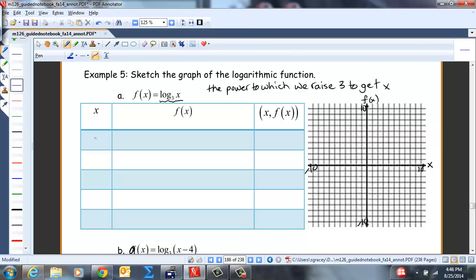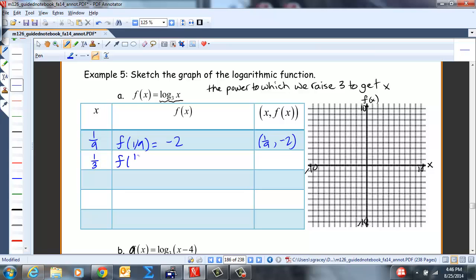So starting small, right? If I think of x being positive 1/9. So f at 1/9 is equal to the power to which we raise 3 to get 1/9, which is, good, negative 2. So we get the ordered pair 1/9, negative 2. And then let's do 1/3.